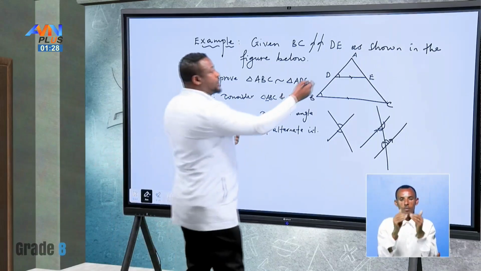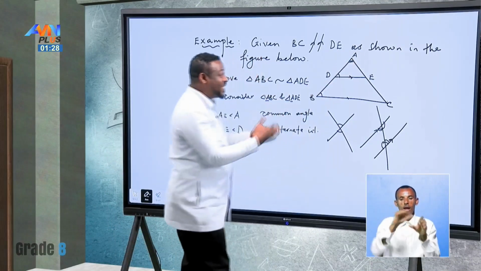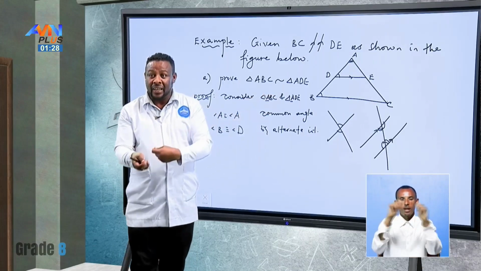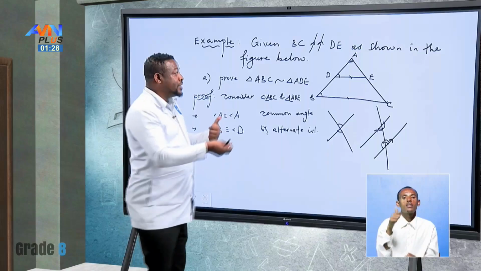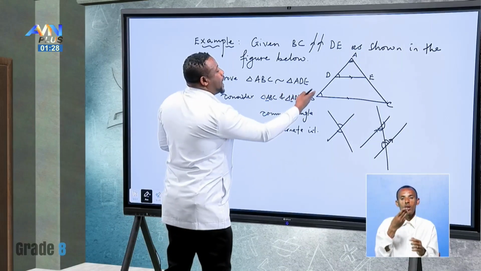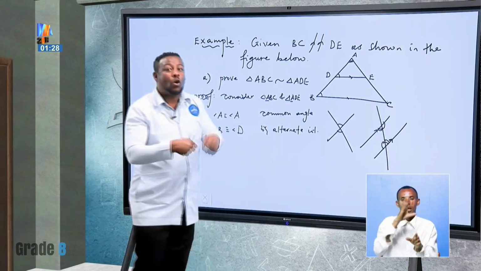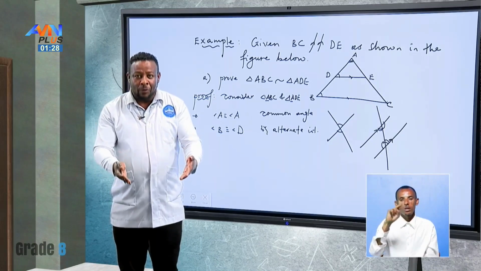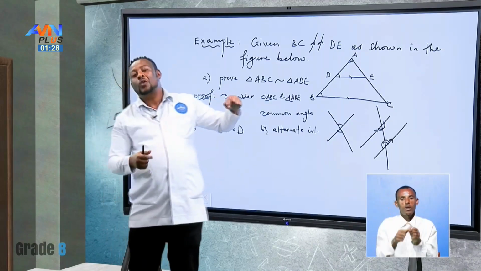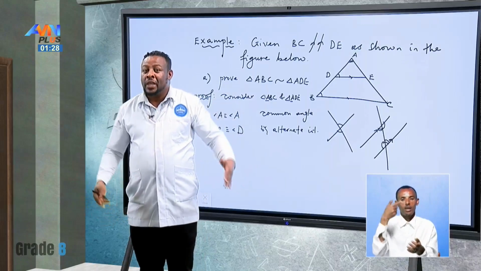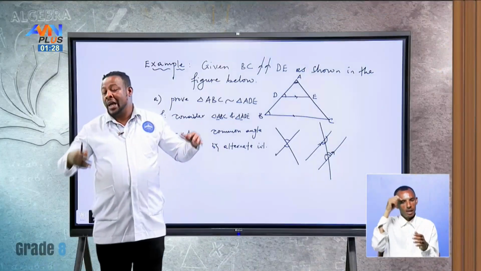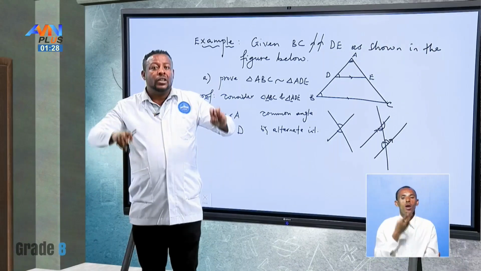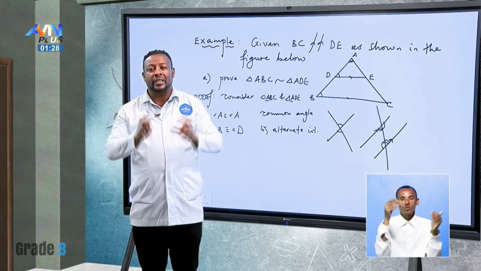One is the common angle A, which is the same for triangle ABC and triangle ADE, right? The other one is that angle B and angle D are congruent by alternate interior angles. Now, remember what theorem 4.1 was saying. In theorem 4.1, the angle-angle similarity theorem, we only need two corresponding congruent angles, right?